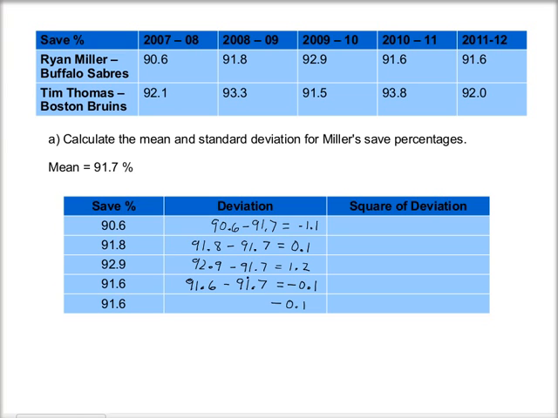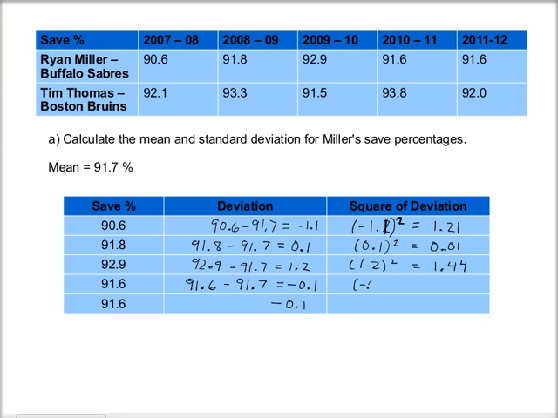So those are my deviations, and now I need to find their squares. Negative 1.1 squared is equal to 1.21. 0.1 squared is equal to 0.01. 1.2 squared is equal to 1.44.